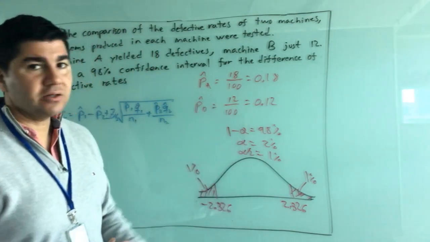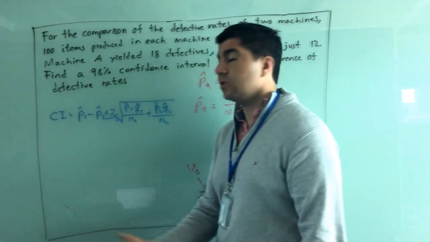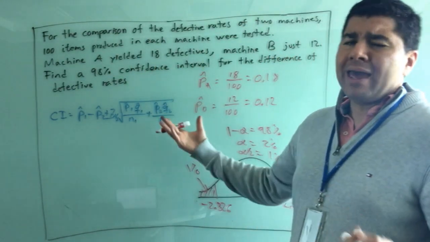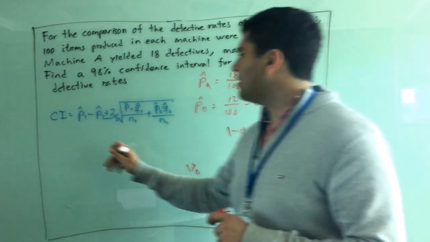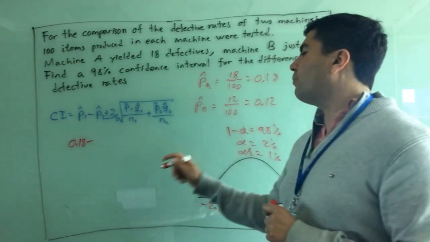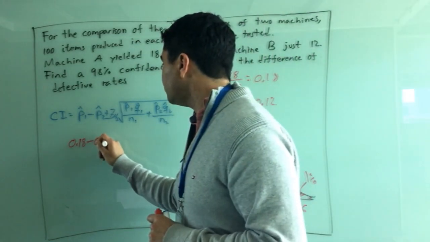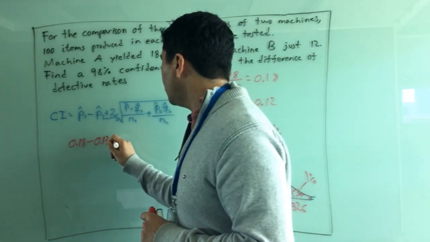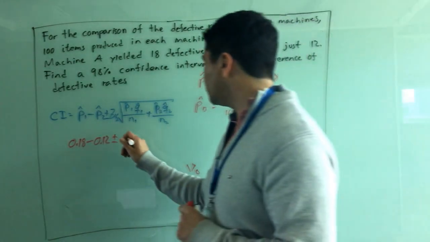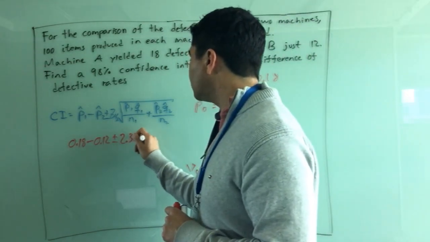Now with this data, the only thing we need to do is to substitute it in the formula. We already know that PA in this case, and let's do A minus B. A is going to be 0.18. The probability of B is going to be 0.12. Plus minus. The confidence level results to be 2.326.